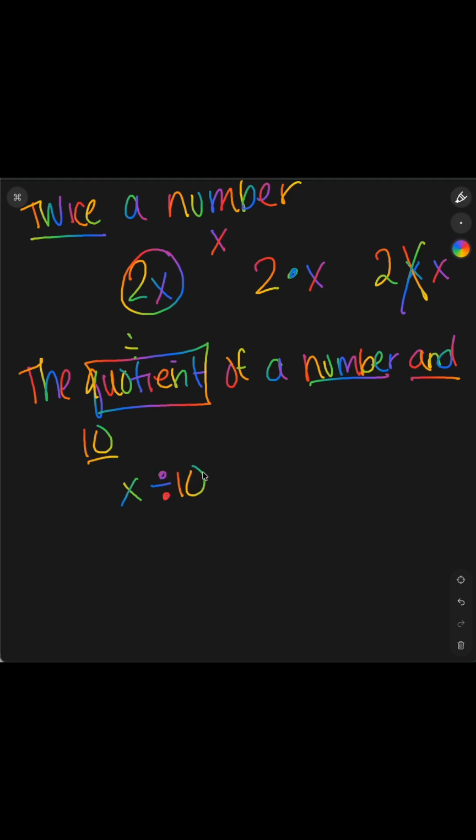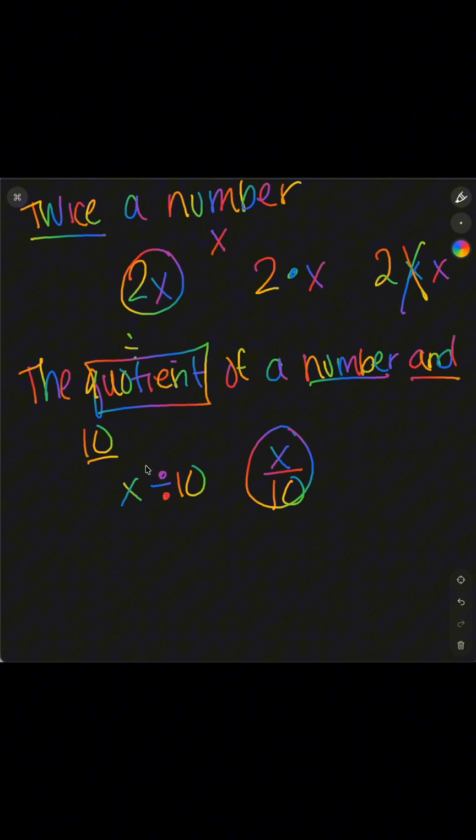So there's several ways to write these. This probably would not be the way you write it. We probably don't use a division symbol anymore. You probably want to write it like that, x divided by 10. Remember, fractions or division. So both of these are right. This one is going to be more common as you get into higher level math.